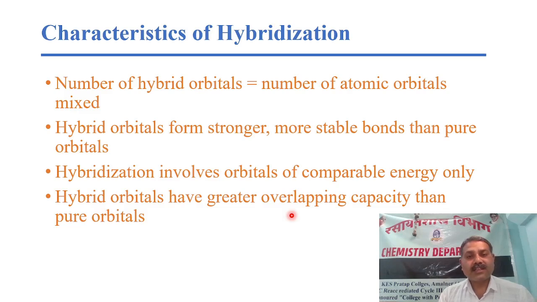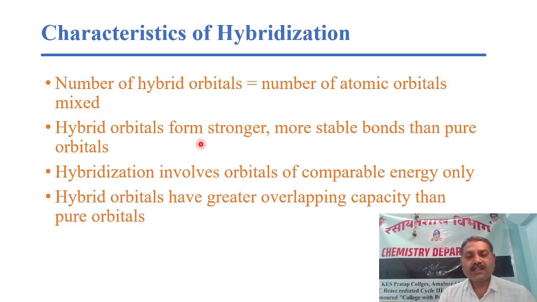What are the characteristics of hybridization? The number of hybrid orbitals is equal to the number of atomic orbitals mixing. So the number of hybrid orbitals formed depends on the number of atomic orbitals involved. Hybrid orbitals form stronger, more stable bonds than the pure orbitals.